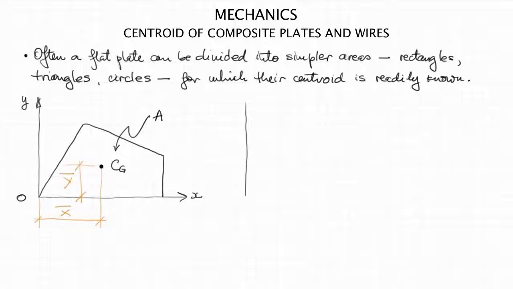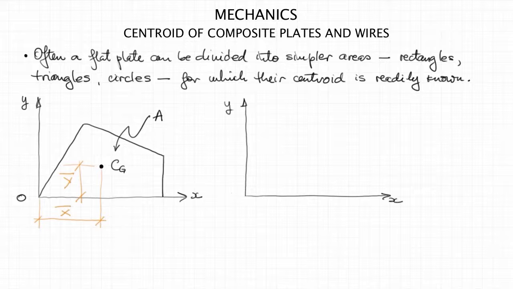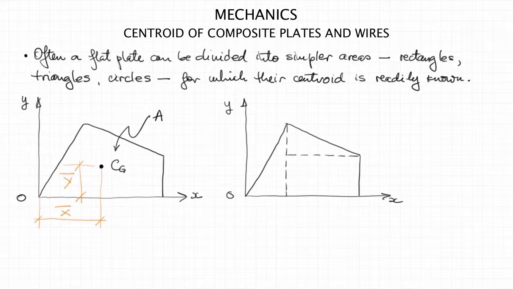Now, we can do so by dividing this plate into a number of simpler areas. As I said, they could be rectangles, triangles, circles, arcs of circles, and so forth. In this case, we can divide this plate into 2 triangles and 1 rectangle, as shown.